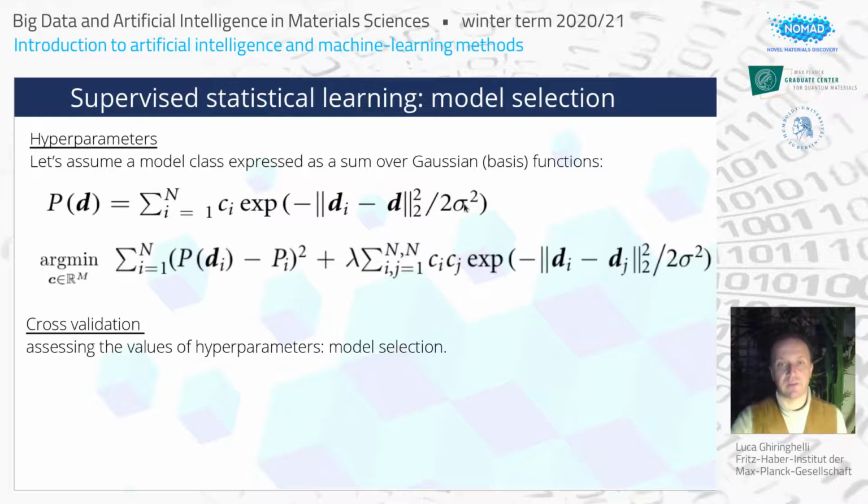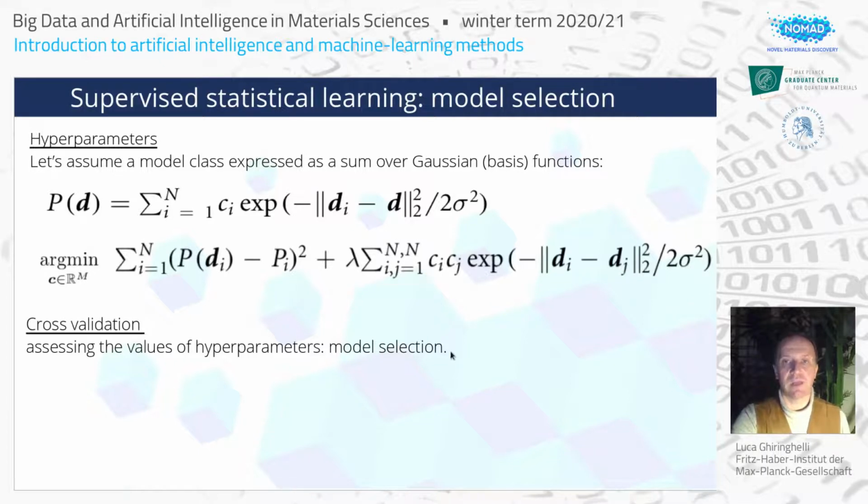It's the width of the Gaussian. What should this width be? We don't know, not necessarily. And the other one is this lambda parameter, that is more to do with the model itself than the way we express the basis functions.